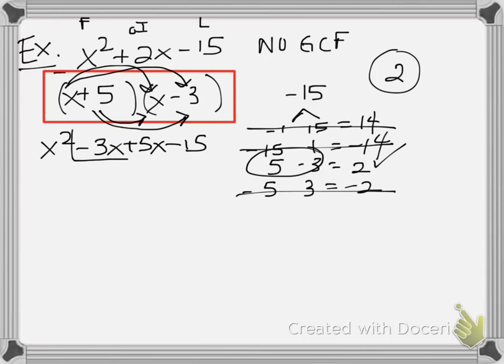Combine your like terms right here in the middle, and you have x squared plus 2x minus 15, and it is the same as what we had at the top. So we did it right.